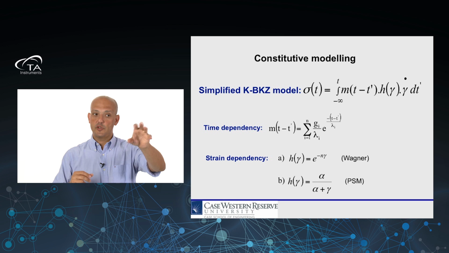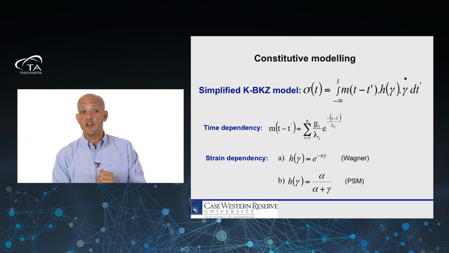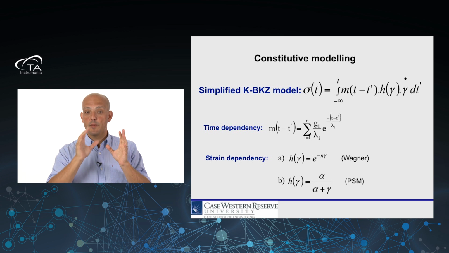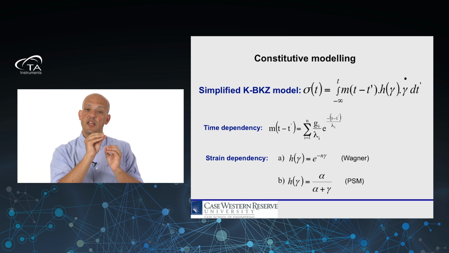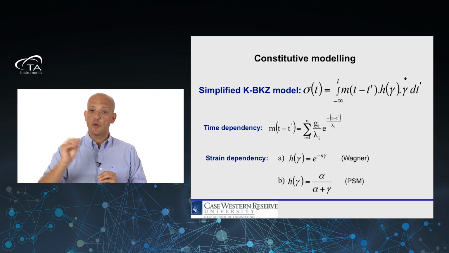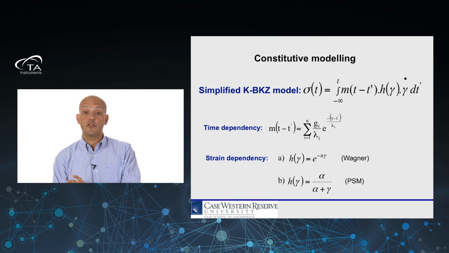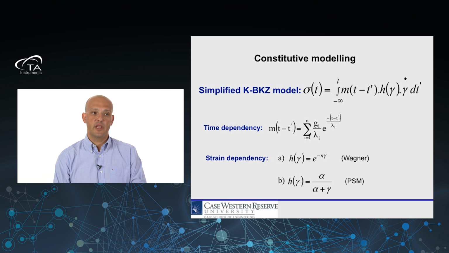And we tried two different functions for that strain dependency, and this really depends. The general form is like this, but it can be applied in shear or in extensional flows. So basically, the time dependency will give us the linear viscoelastic behavior. The strain dependency will give us the non-linear behavior.